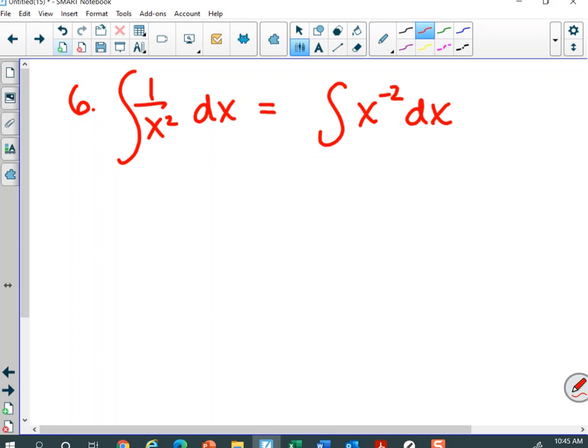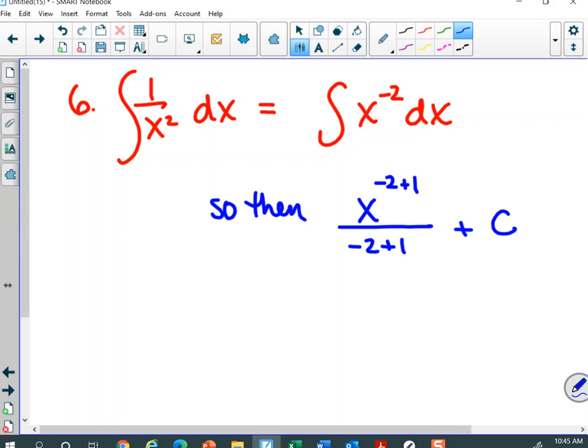Okay, if it was 5 over x squared, it would be 5x to the negative 2. So then, this is going to happen. I'll do my reverse backward power rule trick stuff.